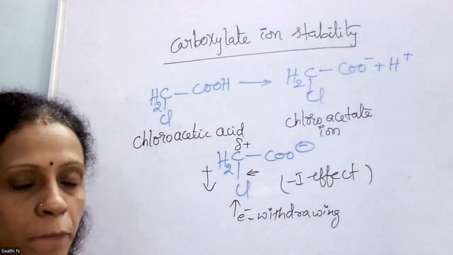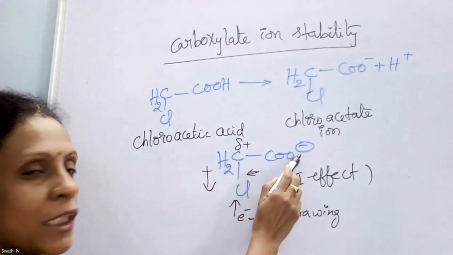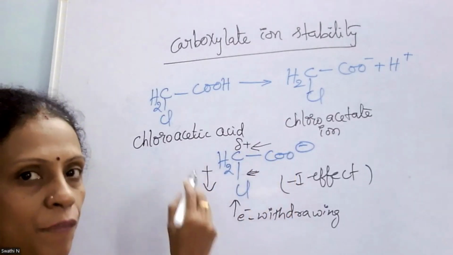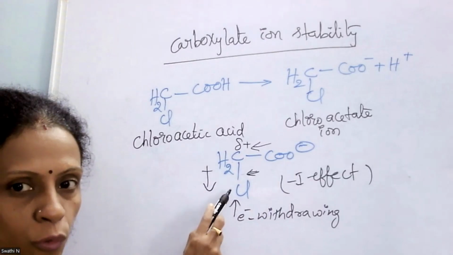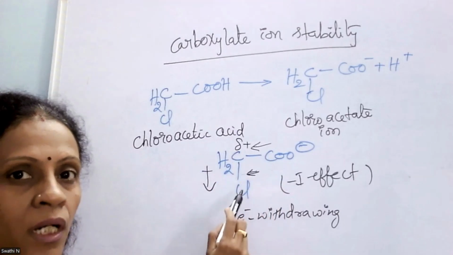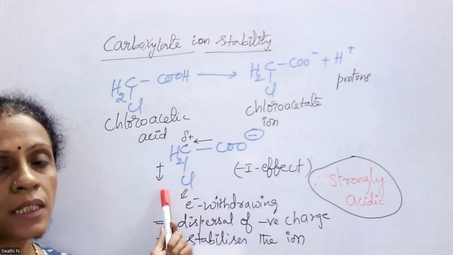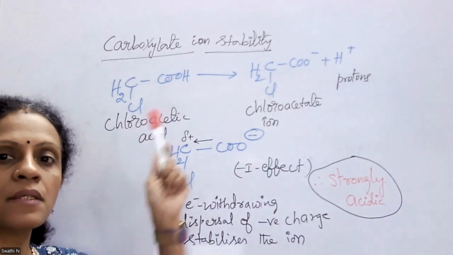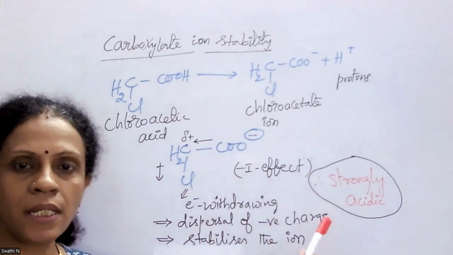To compensate for this partial positive charge, the electron density present on the carboxylate ion is dispersed over the alpha carbon. That means due to the electron withdrawing effect of chlorine, the negative charge of the carboxylate ion is dispersed over the molecule. This dispersal of negative charge stabilizes the resulting carboxylate ion in chloroacetic acid. As chloroacetic acid forms a highly stable carboxylate ion, it is strongly acidic in nature.